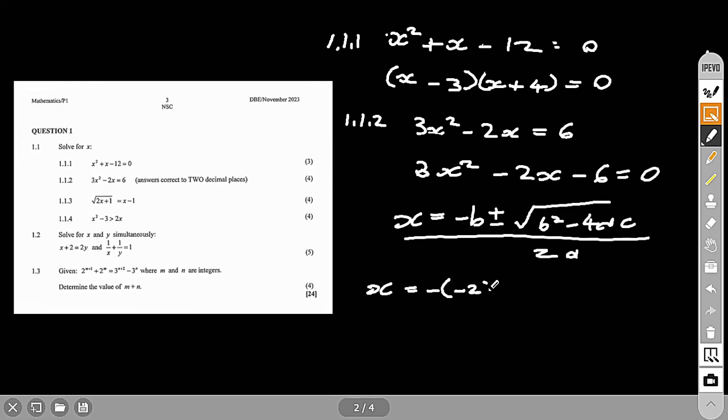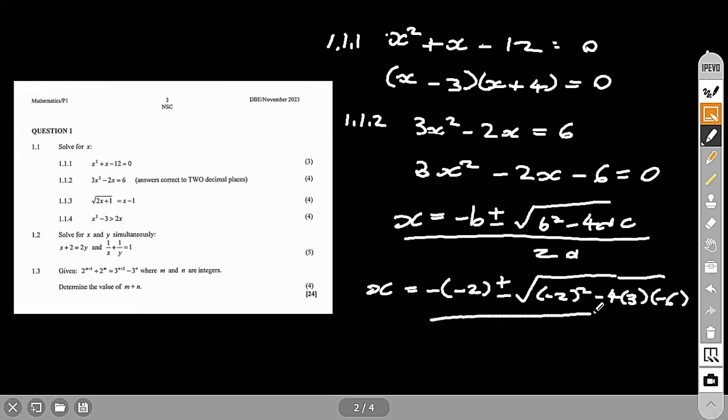It's negative 2 plus minus the square root of b, which is negative 2, put a bracket, negative 2 squared, minus 4, what is a, it's 3, and then what is c? It's negative 6. We divide everything by 2a. What is a? It's 3.